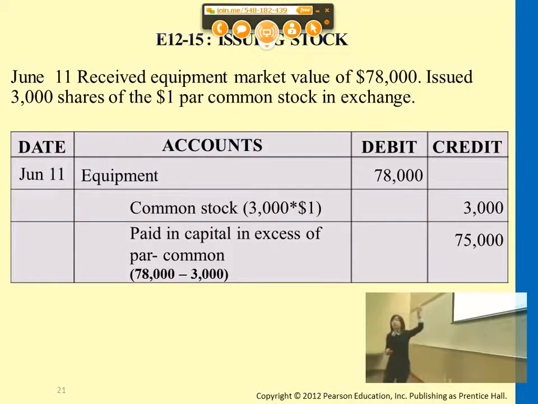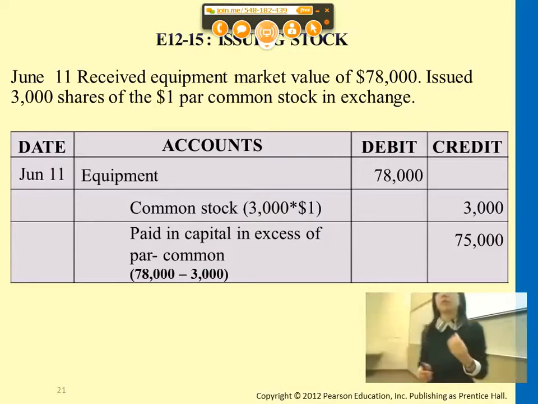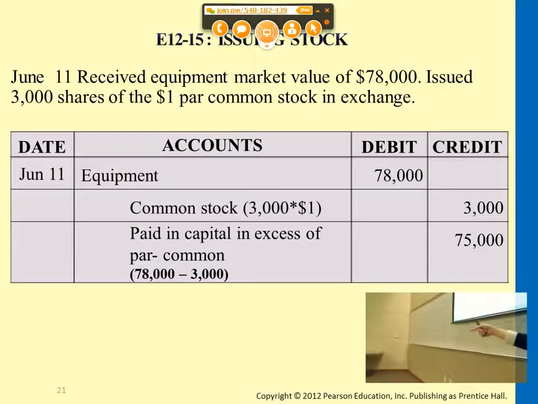Okay, so the debit side is no longer cash because this problem tells you that we're issuing stock in exchange for equipment, another type of asset, not just cash. So we receive equipment, $78,000. Common stock is the part of the equity that we're giving away to others, issuing stock: $3,000. The difference, $75,000, is paid-in capital in excess of par.